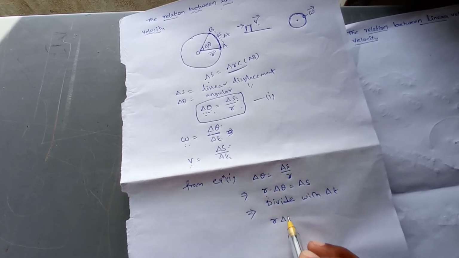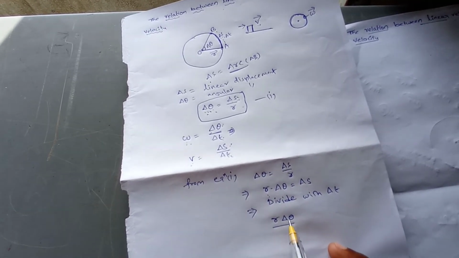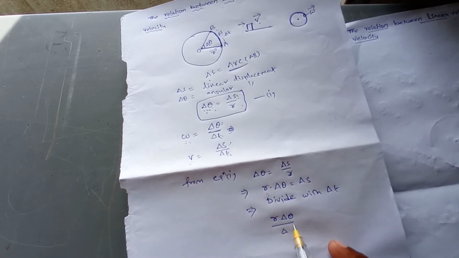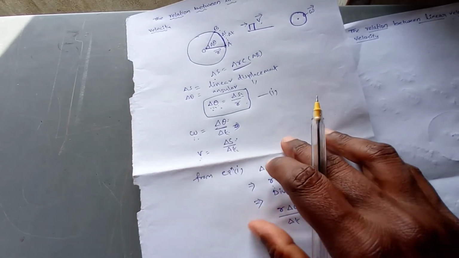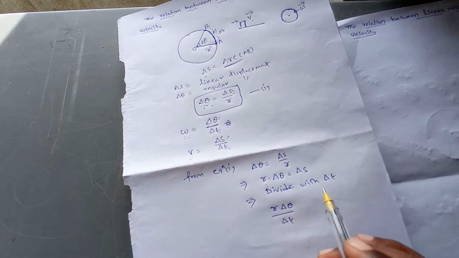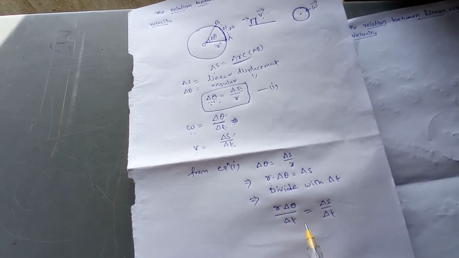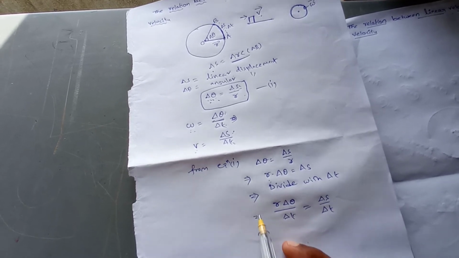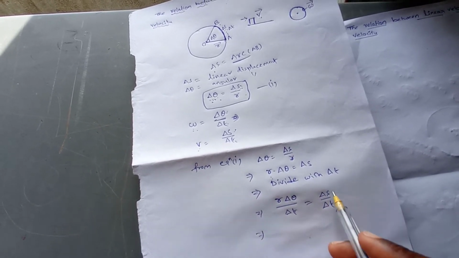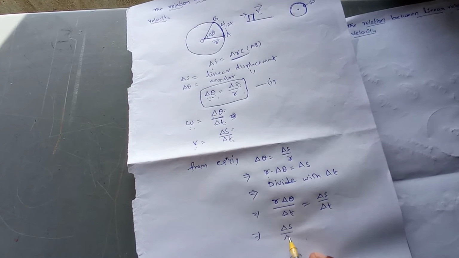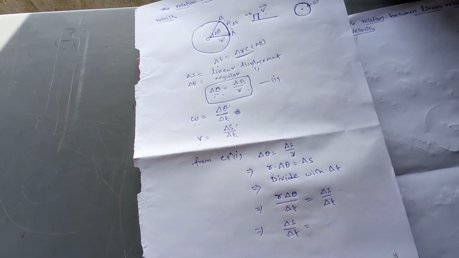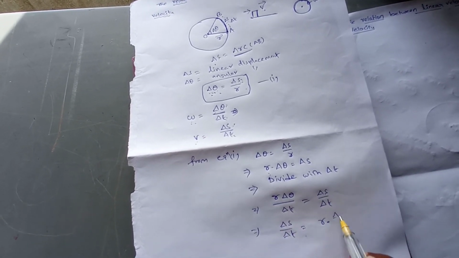R times delta theta by delta t equal to delta S by delta t. I am writing delta S by delta t equal to R into delta theta by delta t.